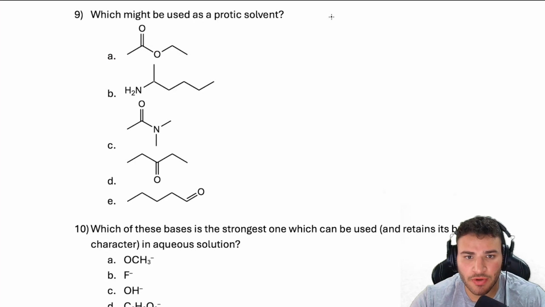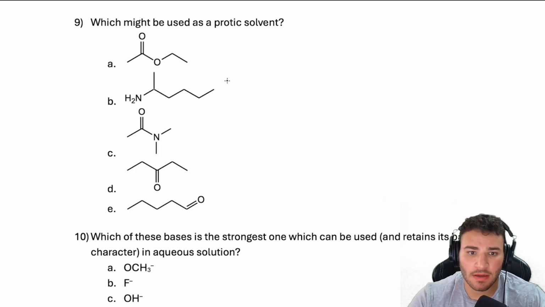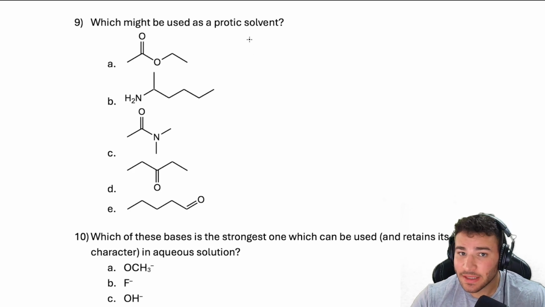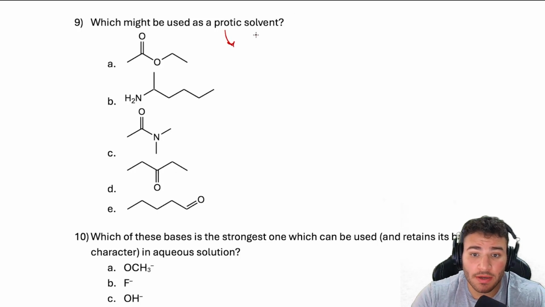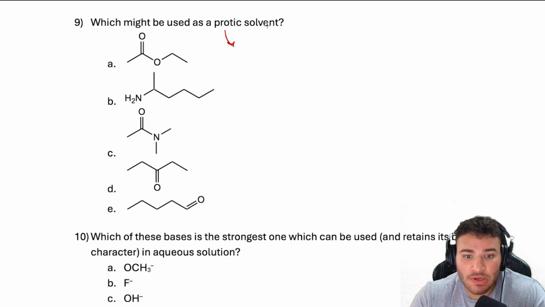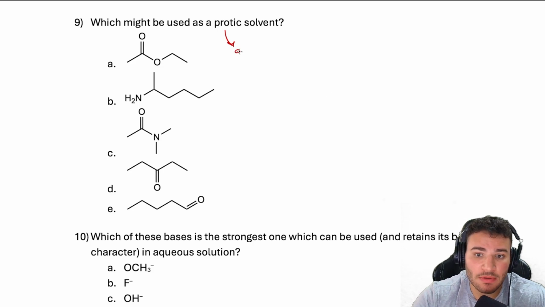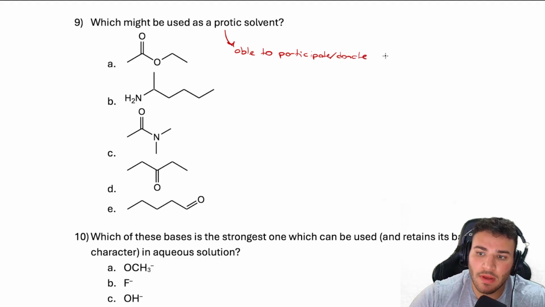In the next question, we're trying to figure out which one of these answer choices can act as a protic solvent. Now, it's important to realize that any of these compounds, as a liquid, can act as a solvent, right? But which one can be protic? And so it's important, before solving this question, to realize what protic means. Protic means able to participate or donate hydrogen bonds.